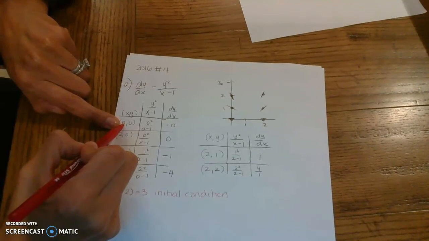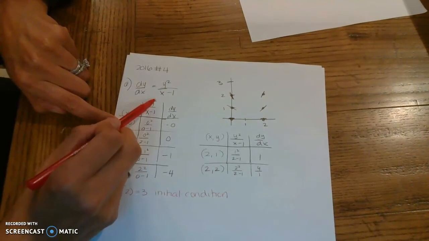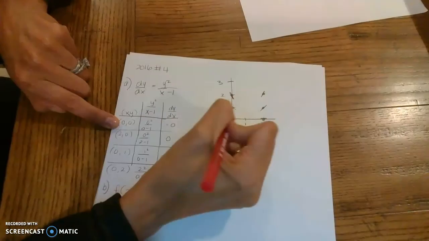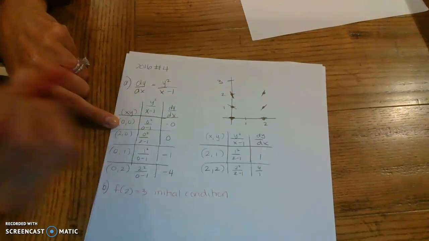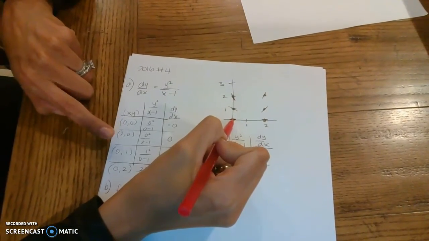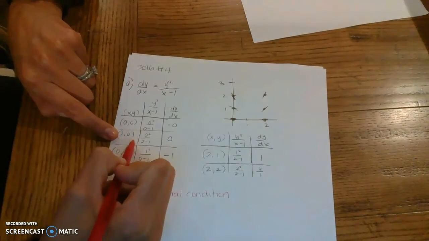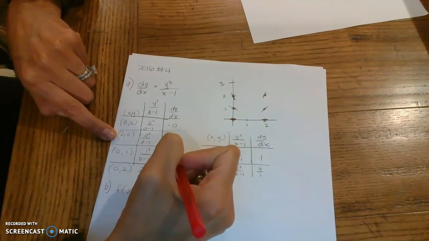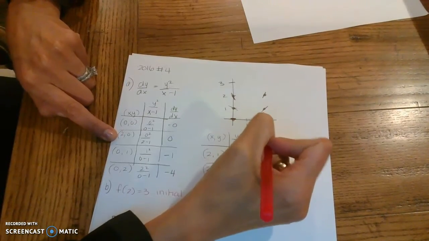So if I plugged in (0, 0), 0 for y, so 0 squared over 0 minus 1 is 0 over negative 1, which is just 0. So you draw a horizontal line at 0. So here at (2, 0), you also get 0, so that's right here.